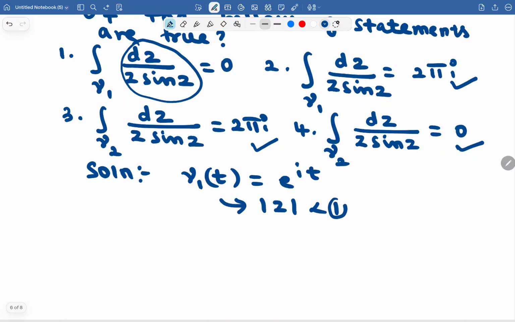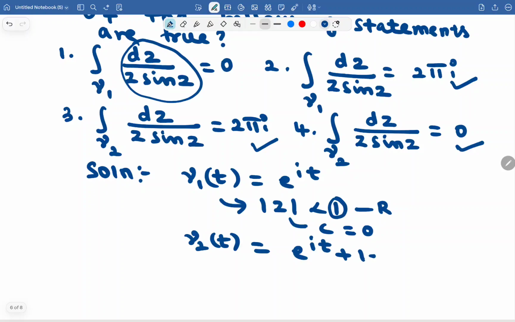Here radius is 1, center is 0. What is γ2 of t, which is equivalent to e^(it) + 1 + i.